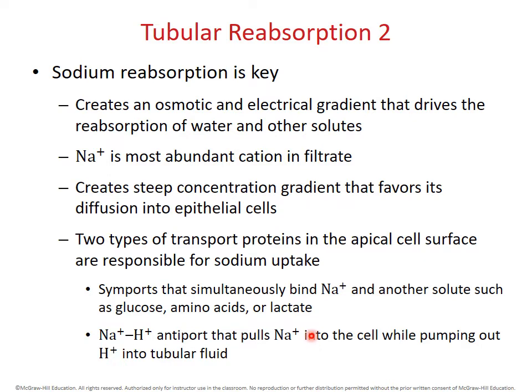So we're reabsorbing sodium essentially, but at the same time, we'll be secreting hydrogen ions. Again, remember, hydrogen ions are the ions involved in determining the pH of a fluid. And so this is an important element in the kidney's job of regulating blood pH. And you see it is tied to sodium transport.